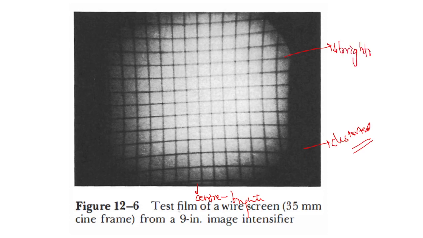This decreased brightness at the periphery is called vignetting. So these are the three important image characteristics in fluoroscopy. Thank you.